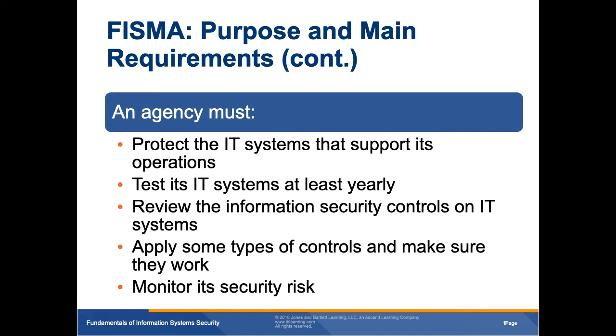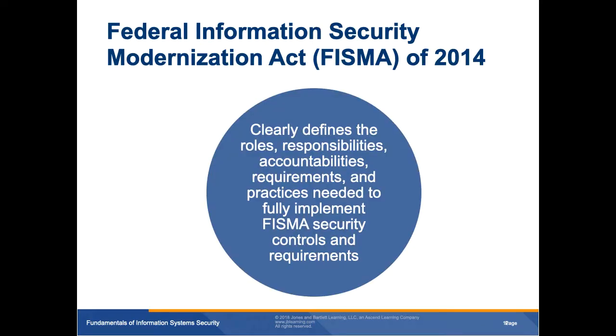An agency must protect its IT systems, test them, review the information security controls, apply controls and make sure that they work, and monitor its security risk. This is all required by FISMA. It clearly defines the roles, responsibilities, accountabilities, requirements, and practices needed to fully implement FISMA security controls and requirements.